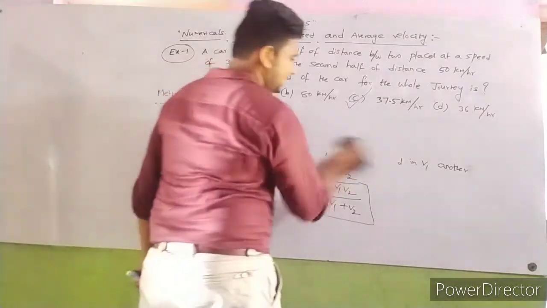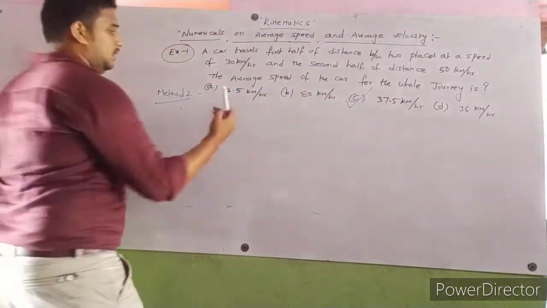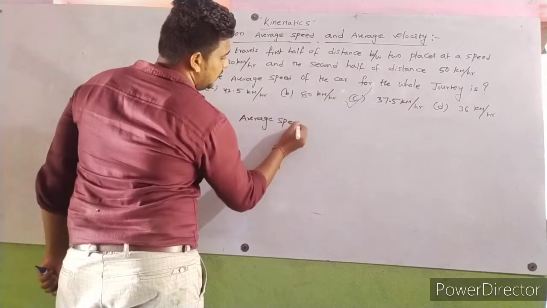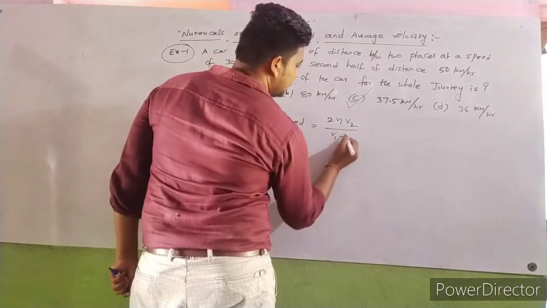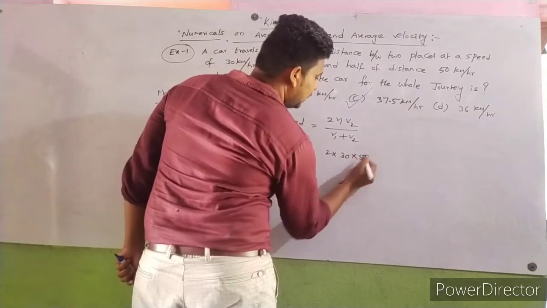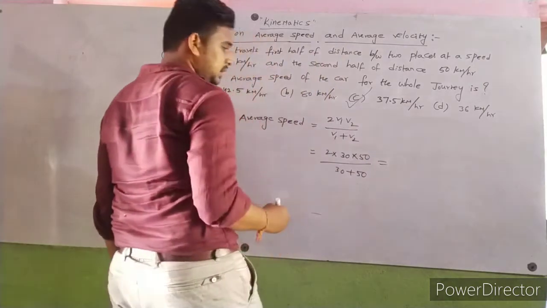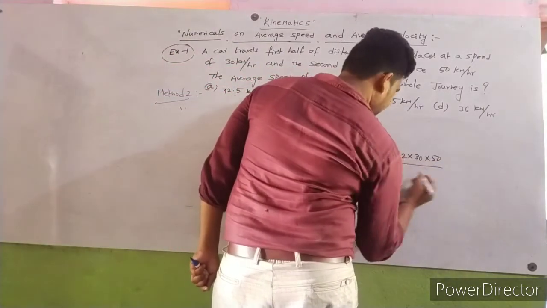So average speed is equal to 2V1V2 by V1 plus V2, that means 2 into 30 into 50 by 30 plus 50. So we got 2 into 30 into 50 by 80.